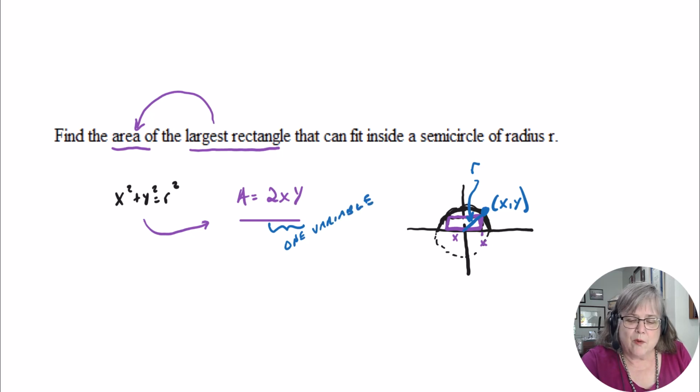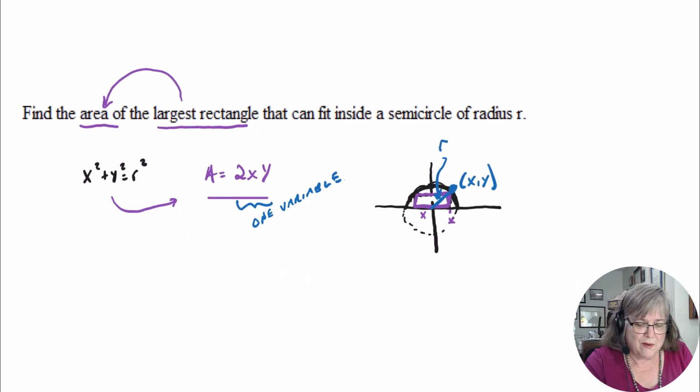If it had said to maximize the radius of the circle, we'd want to keep this equation. But they're wanting me to maximize the area of the rectangle, so I keep the rectangle area equation to massage the two pieces together.